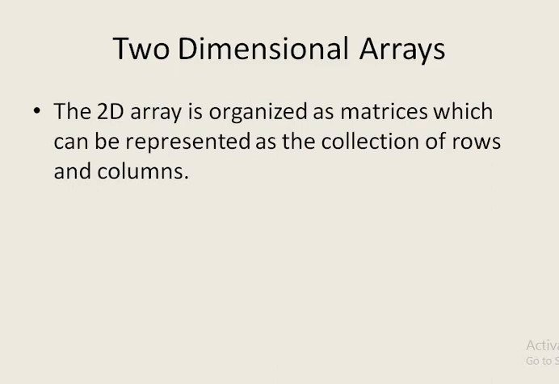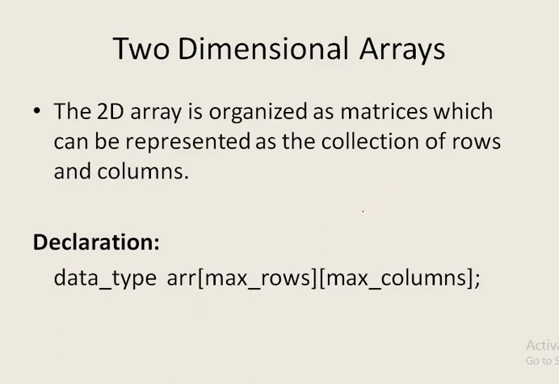This is how a two-dimensional array is declared: data type, array name, then two dimensions specified as maximum rows and maximum columns. The first subscript always represents the number of rows in the matrix, and the second subscript always represents the maximum number of columns in the array. This order is to be maintained. The first subscript represents the row number and the second subscript represents the column number.